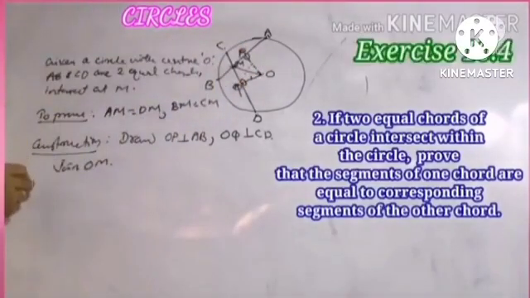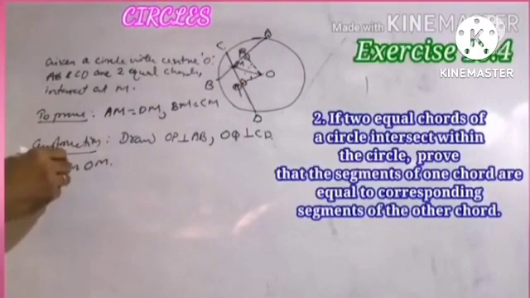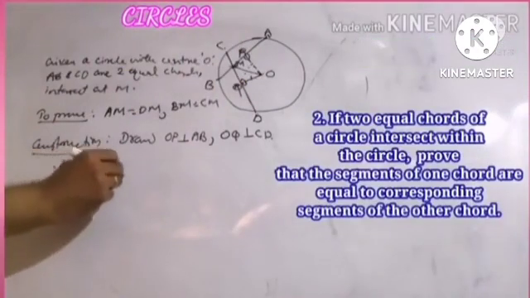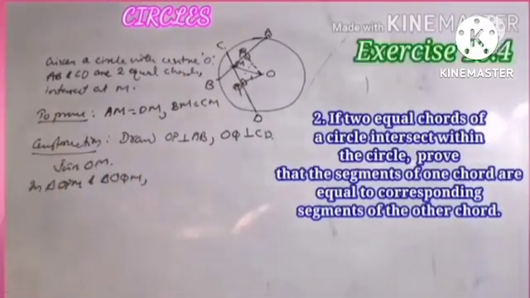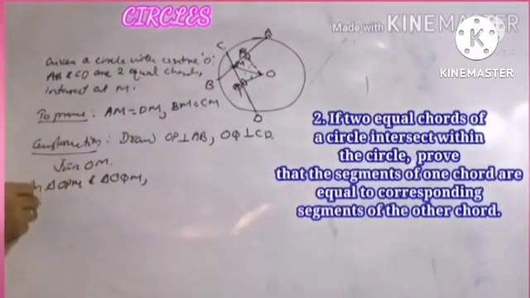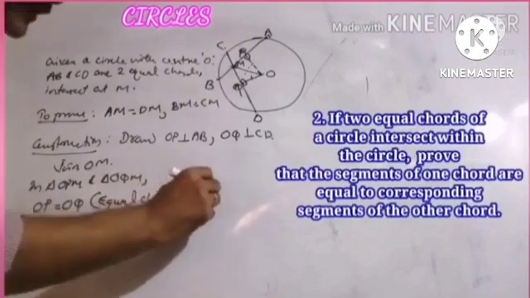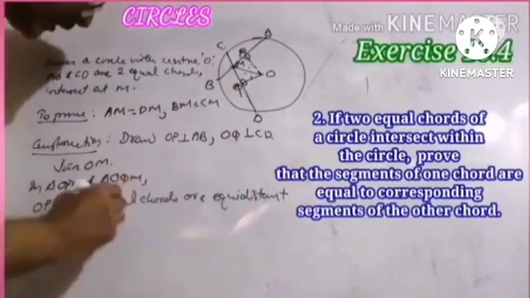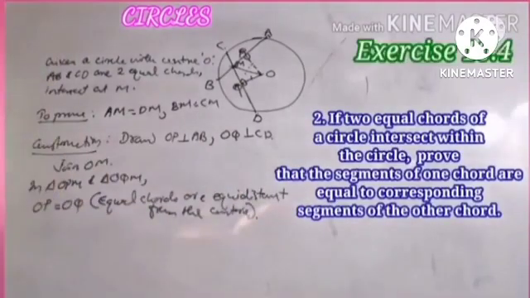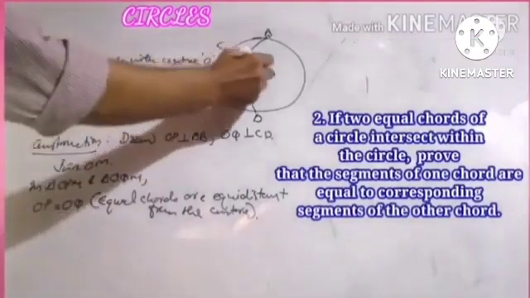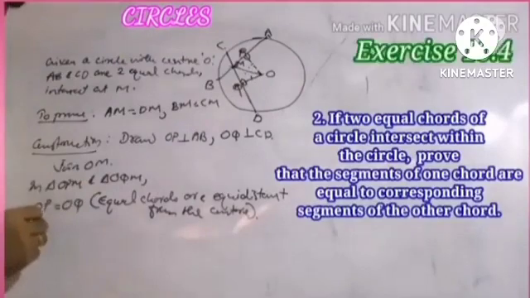First, in triangle OPM and triangle OQM: OP equal to OQ. Reason, equal chords are equidistant from the center. Next, second one: OM equal to OM.